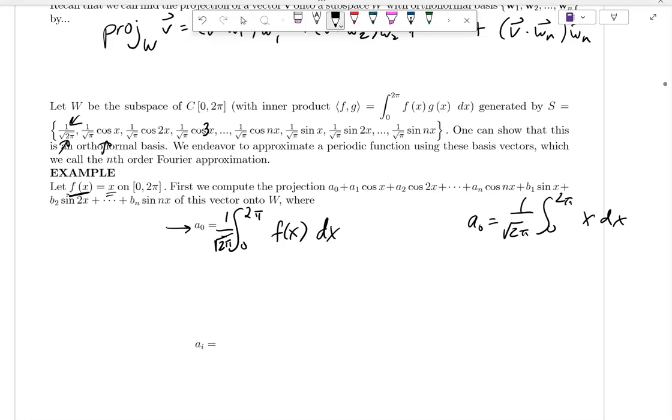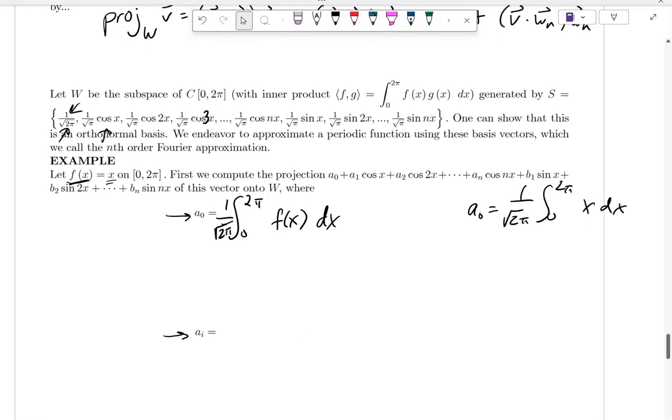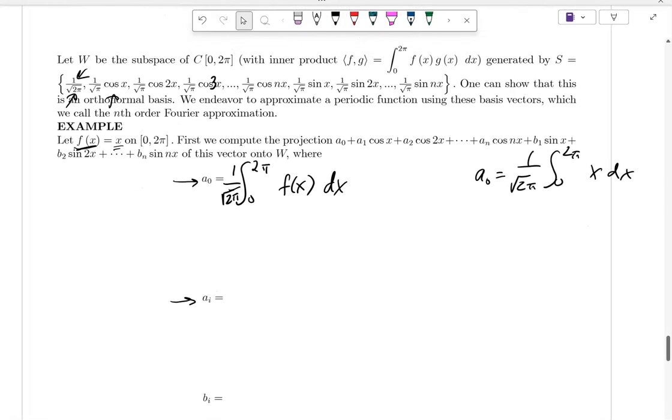Your other a's are your inner product of the f with the cosines. So whatever the a sub i is, it's going to be 1 over root pi integral from 0 to 2 pi of f of x cosine of ix dx.